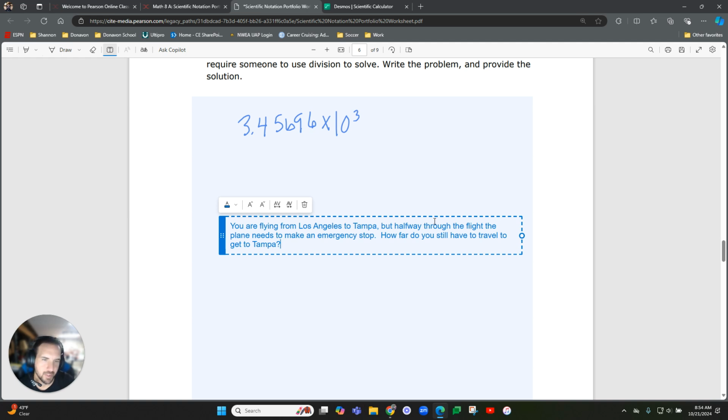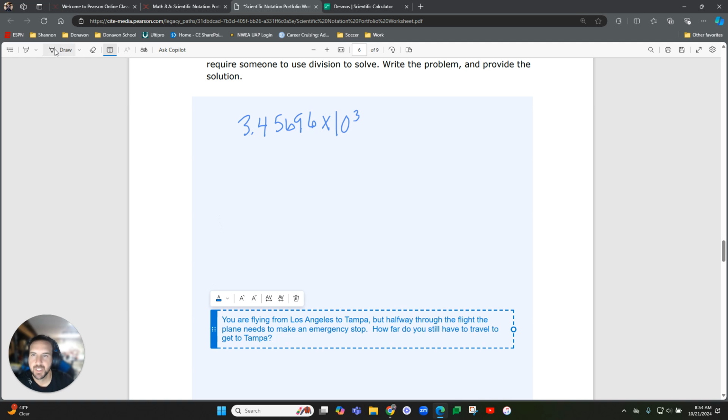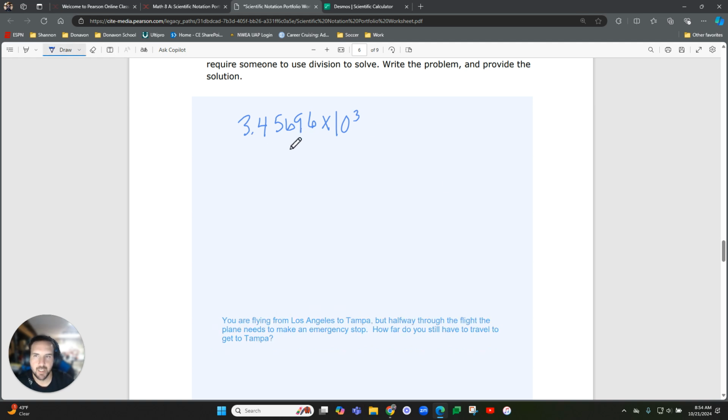Okay, so in other words, we're just dividing by 2. Keeping it simple here. We're not trying to do anything special. So we're going to take this number and divide by 2. I'm going to turn 2 into a number in scientific notation here. So 2 times 10 to the 0.